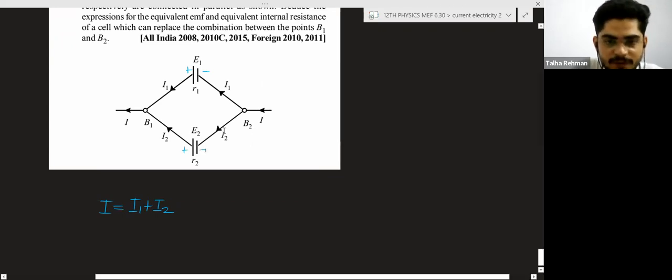Now you can see from here the current goes from positive to negative. Current is leaving the positive and terminating at negative. So now Nawal, can you tell me whether this cell is in the charging condition or in the discharging condition? This cell.